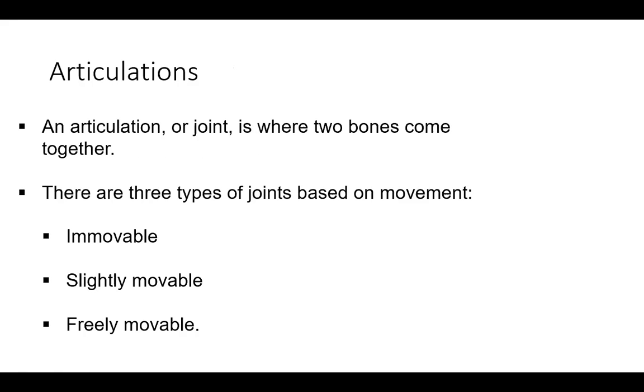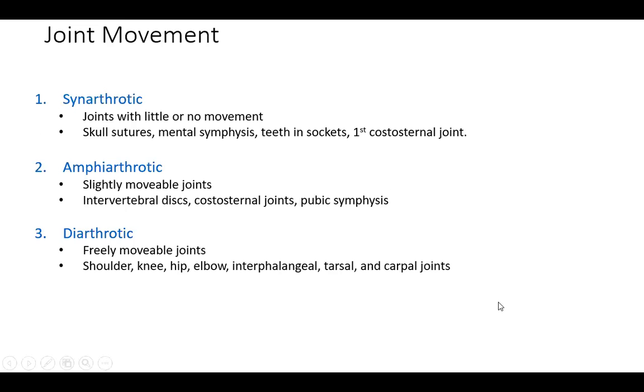Two or more bones come together to form a joint. There are three types of joints based on movement: the immovable joint that doesn't move at all, the slightly movable, which is obvious, and the freely movable. So we have these three classifications based on the type of movement we encounter.